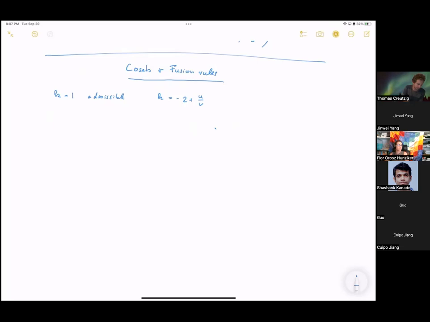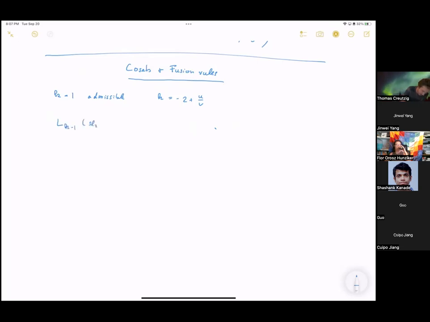And then a few years ago, Arakawa, Linshaw, and I proved this coset theorem in big generality for principal W-algebras, which is quite important for generalizing what I'm saying here. Anyway, let me write down this coset statement in a certain way.